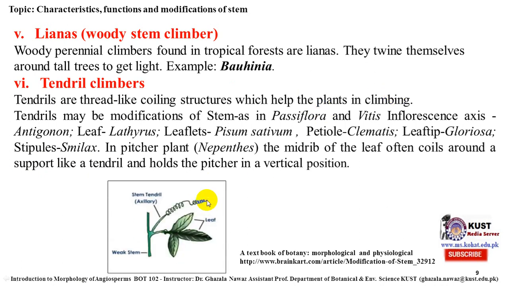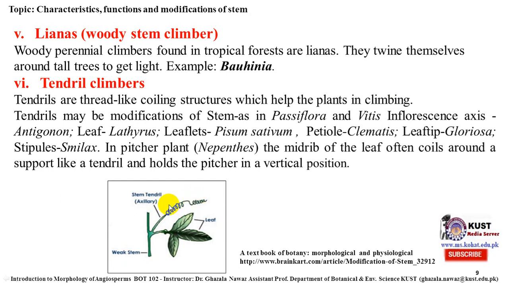This is one example. Here you can see a stem tendril. The axillary branch becomes modified into a tendril, and this tendril coils itself around the support, and it climbs over the other plant or support.